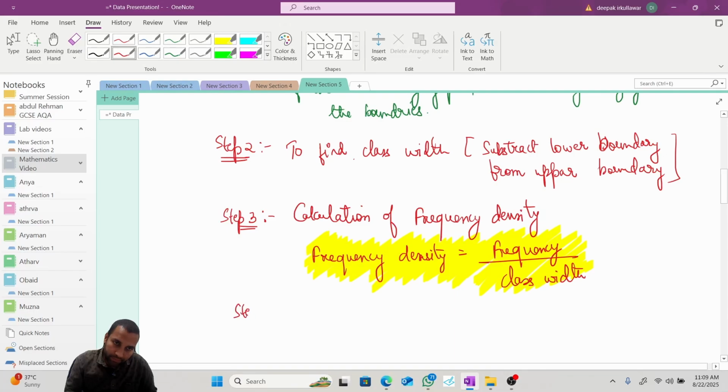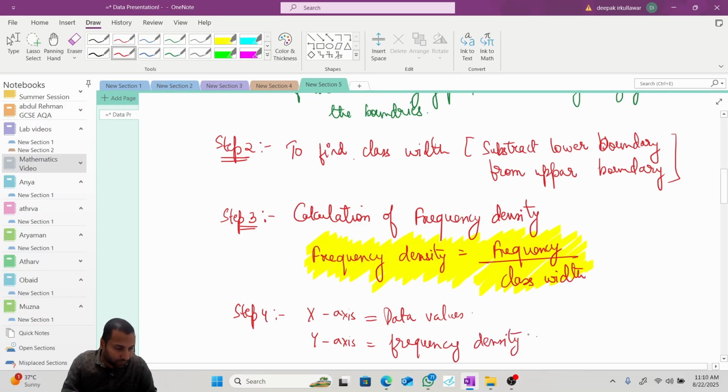In step 4, you should draw the data values on the x axis, so x axis should have data values and y axis should have frequency density. So, these are the basic steps generally which we follow to draw a histogram.